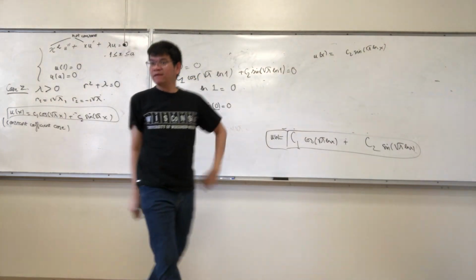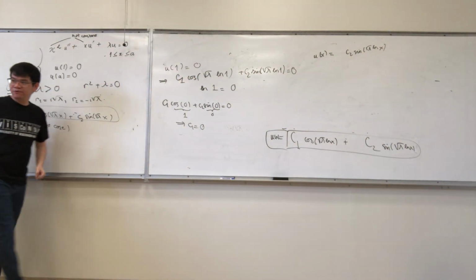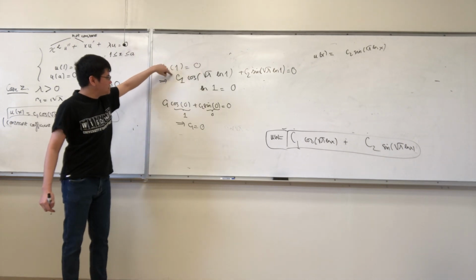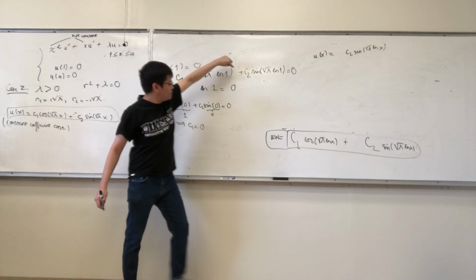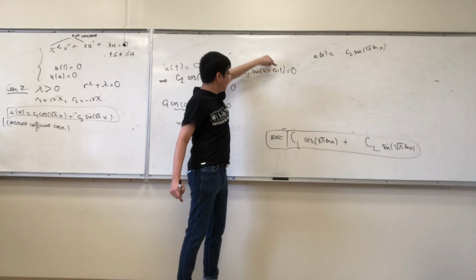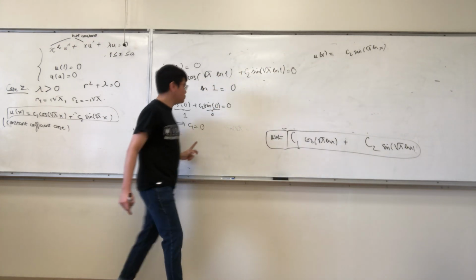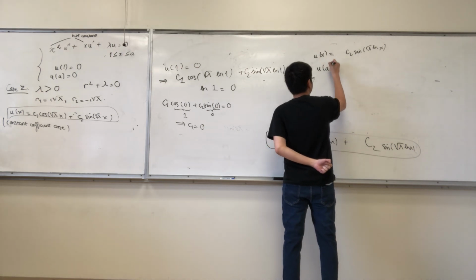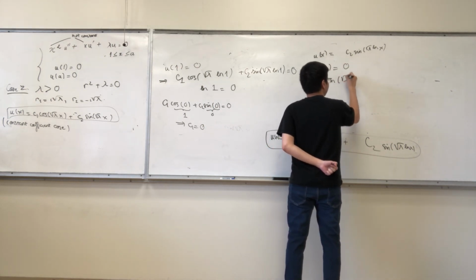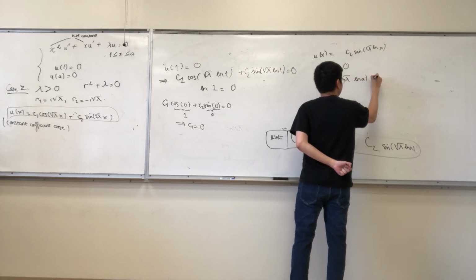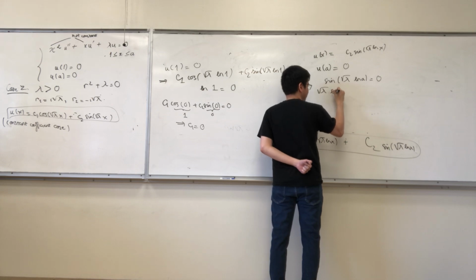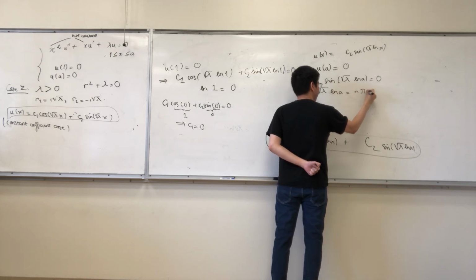Now you apply the same process. u(1) is 0, so c1 is 0. Now you replace the second boundary condition: u(a) is 0, meaning that sine of square root lambda log a is 0, which means that square root lambda log a is n pi.